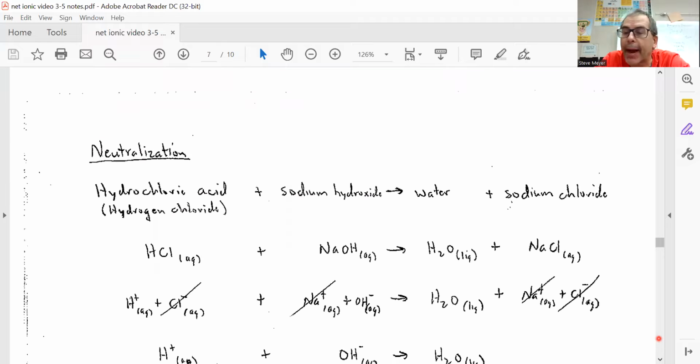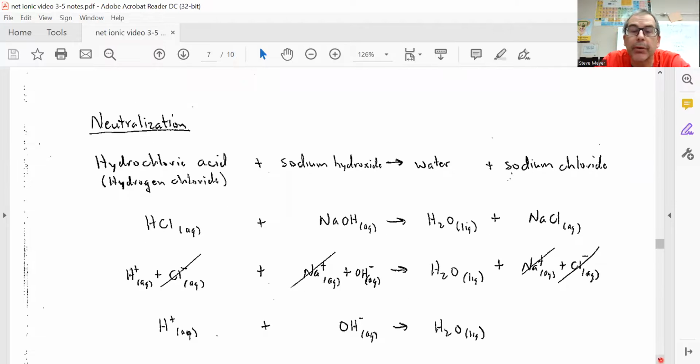On the last page of the lab, you'll see probably the simplest of neutralization reactions, and that's when I take hydrochloric acid, or HCl, and combine it with sodium hydroxide, which is NaOH, and assume I'm going to have solutions of each one.